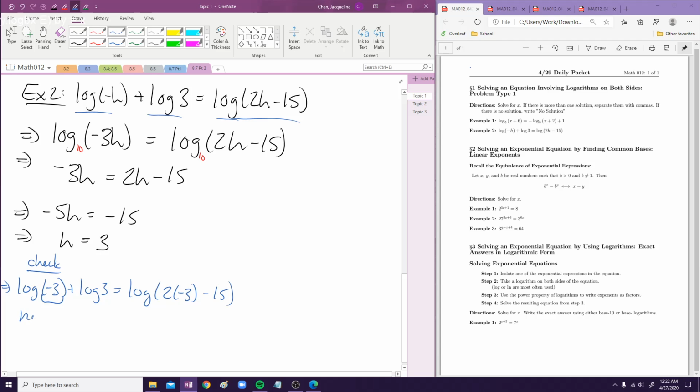So therefore, not a solution. Right? Since this was our only potential solution, and we found out it's not a solution, what is our only option then? No solution is our solution. Right? And that's it for topic 1.